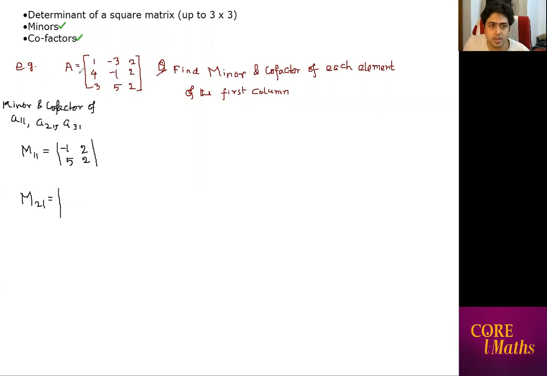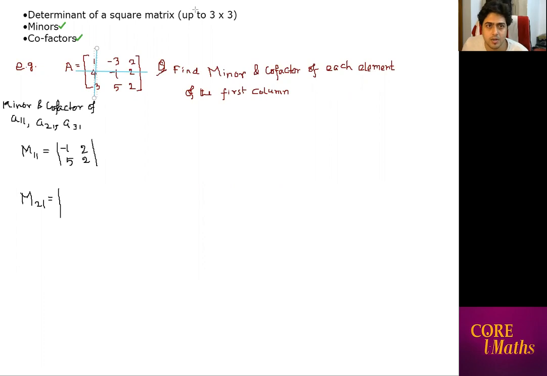M21, that is for second row and first column you have to cancel. So the remaining elements, if we draw it, second row and first column.